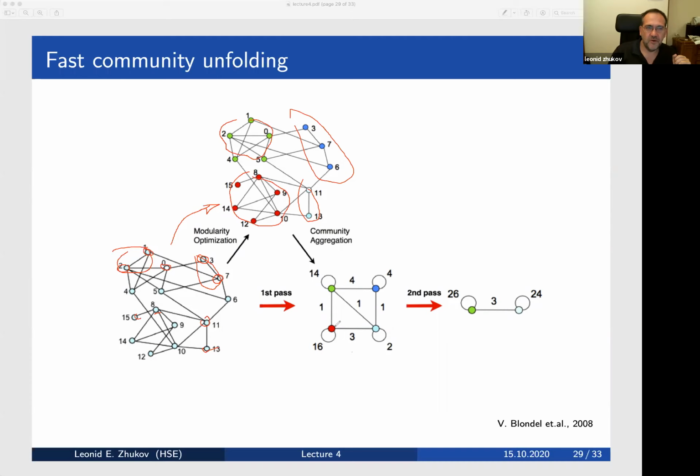So all the red nodes become this supernode, all the green nodes become this supernode, all the blue nodes become this supernode, and all the light blue nodes become this supernode. And look, between green and blue there were 4 ways those two groups were connected. So I connect them with an edge and put a weight of 4.